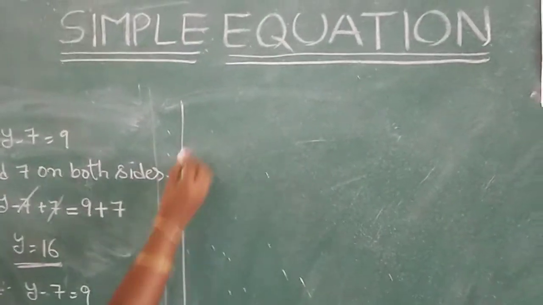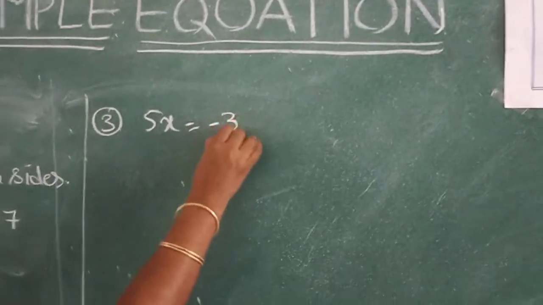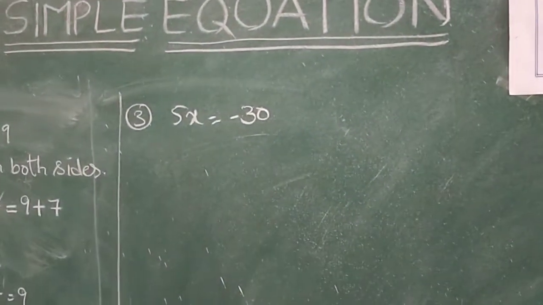Solving some more examples. 5x is equal to minus 30.